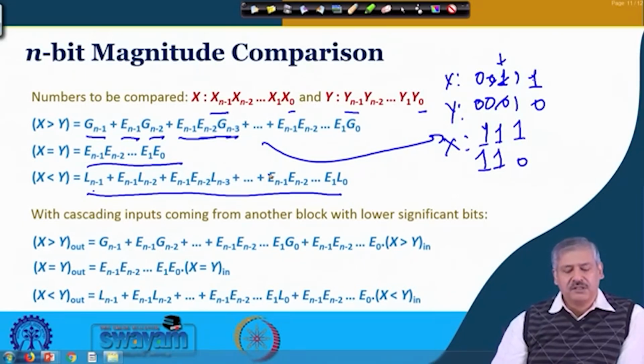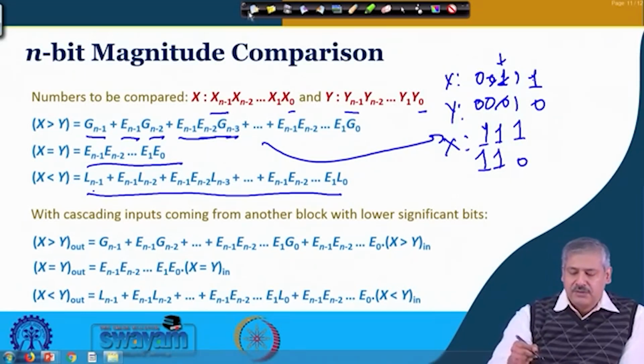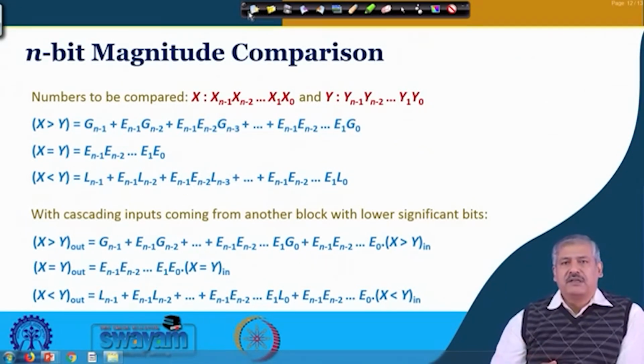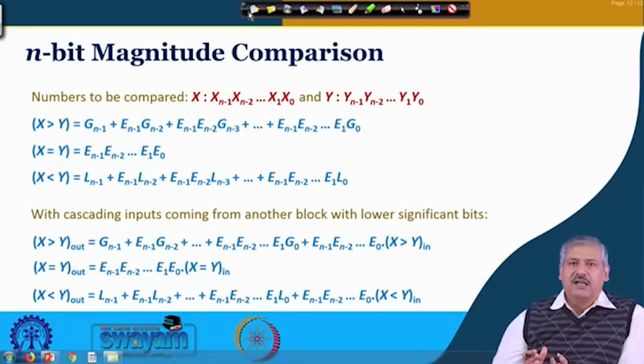Is it okay? Now, when you develop the n-bit circuit, maybe a 4-bit comparator, which we shall see later, it might so require that you are looking for 8-bit comparison, okay, but you have got a 4-bit comparator IC or 4-bit comparator circuit available with you. So, you would like to cascade it, you would like to connect to another IC, isn't it?